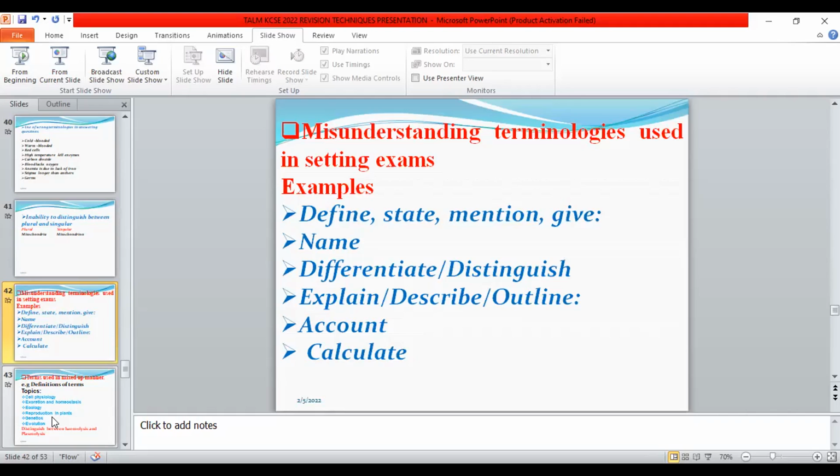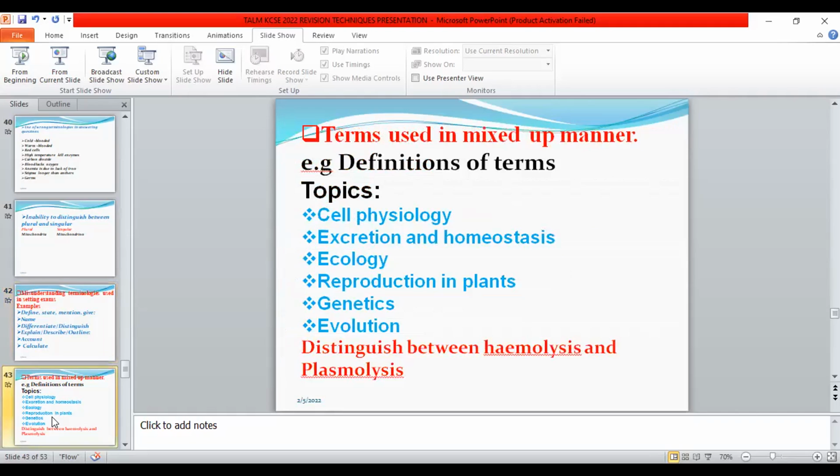Next, as they give the name, it must be correctly spelled. If it is a scientific name, the genus name must start with a capital letter. Species name should start with a small letter. And then once they do that, they can now say that they have answered the question adequately.